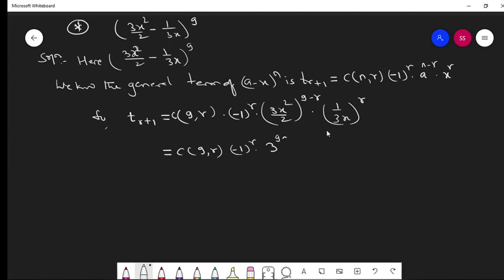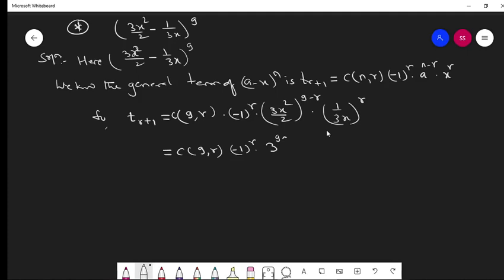I have divided these whole terms into 3. I break it to make it easier to understand, right? And here 1 by 3 to the power r and 1 by x to the power also r. One more step will be here, but it will be much easier to understand. That's why I expanded this.